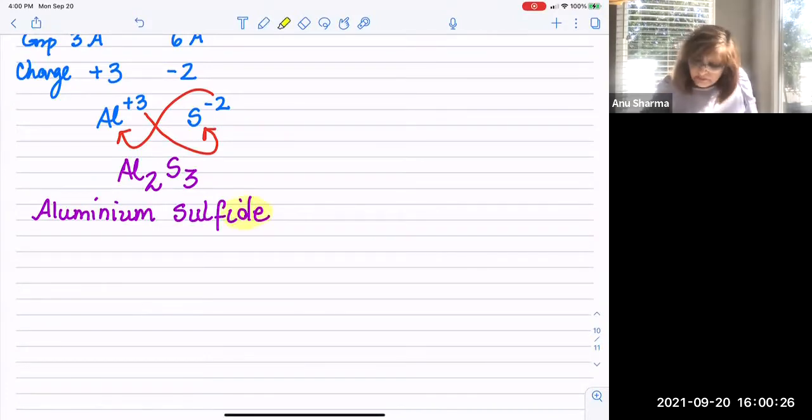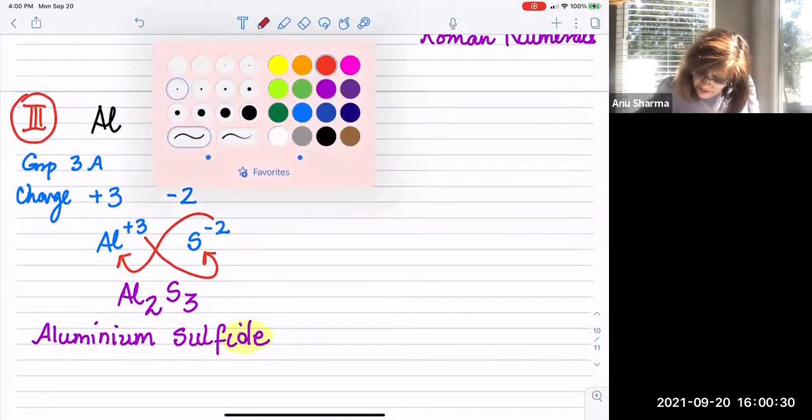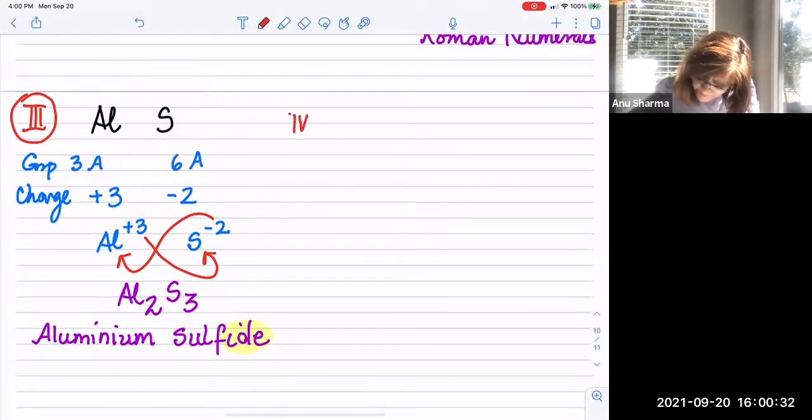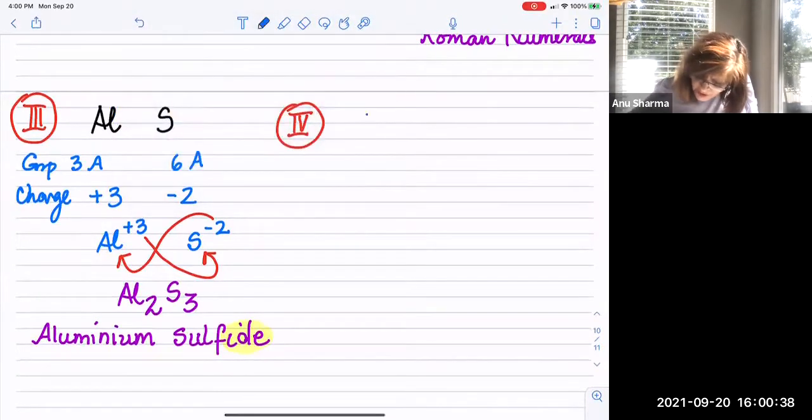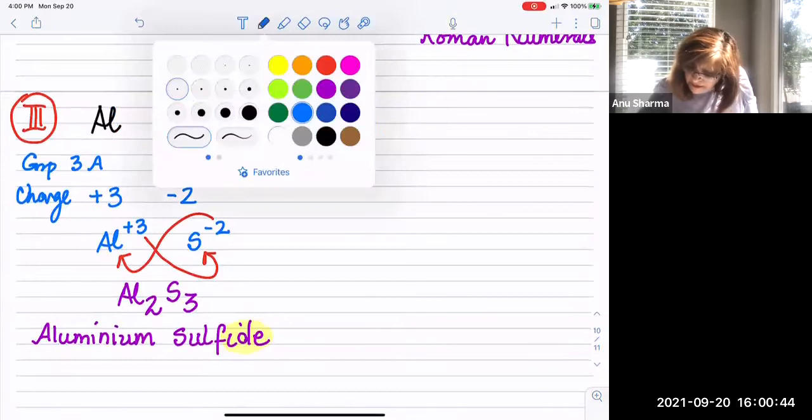Okay, let's look at another one, number 4. Let's do boron, B, combining with nitrogen. Or oxygen, let's do oxygen. Or actually, we did one over there.